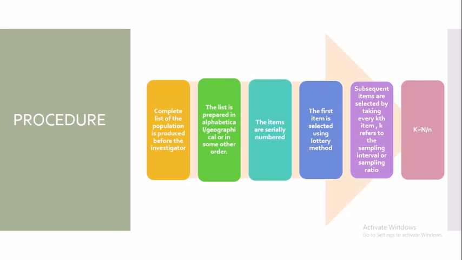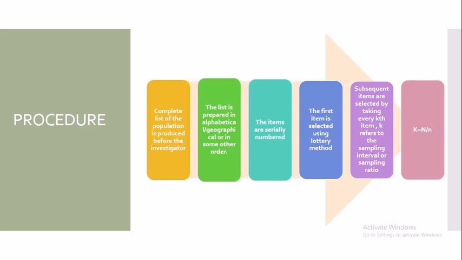According to my example, the first sheet he drew was 3, right? So 3 plus 10 is 13, and 13 is his next item. Then 13 plus 10, 23, is his next item, and so on till he gets 10 items in his sample.